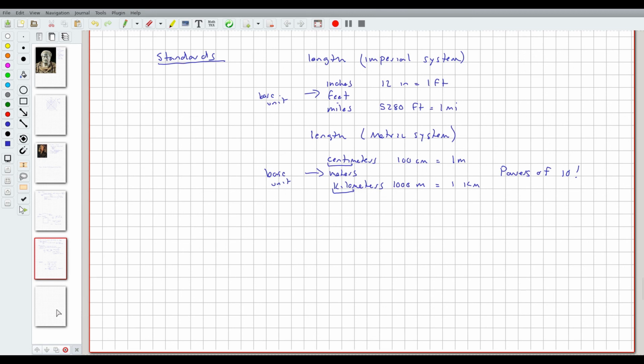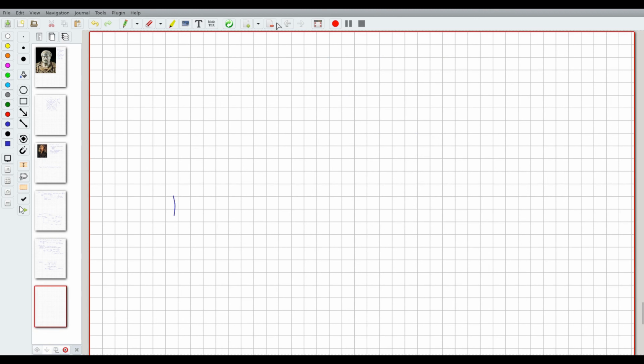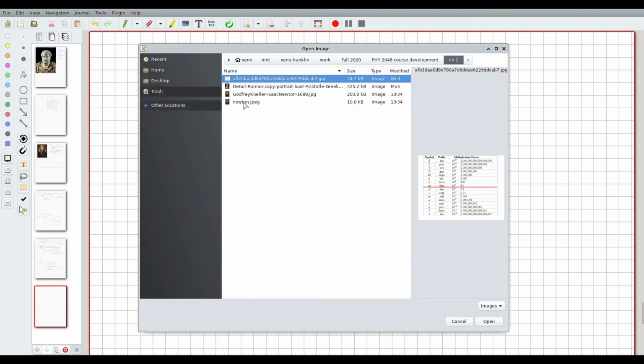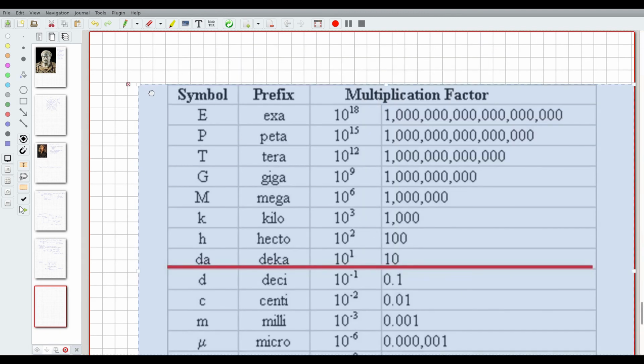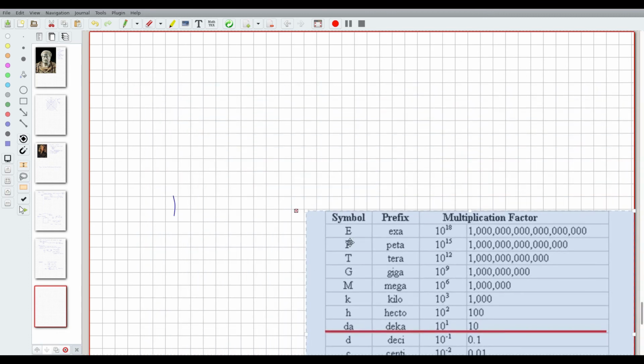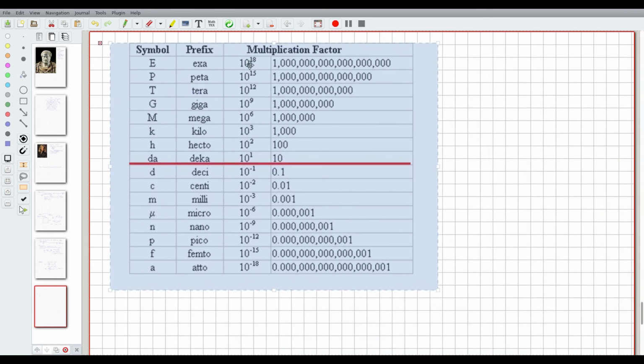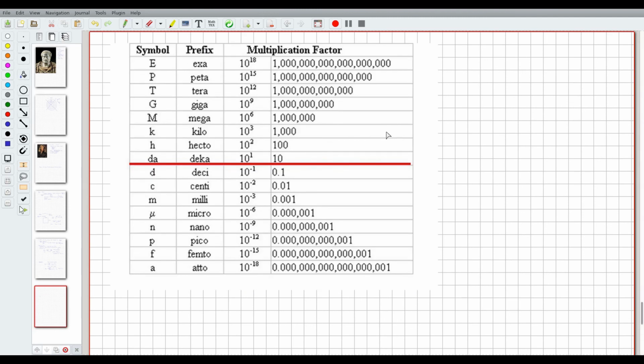So if you take a look here, for example, centi. So here's the base unit. This would be where your base is. This is your base unit right here, whether it's the base unit of length, base unit of time, whatever.